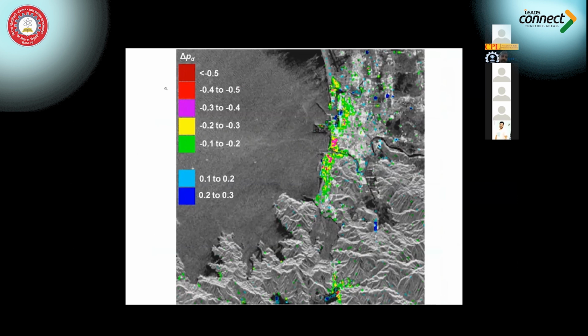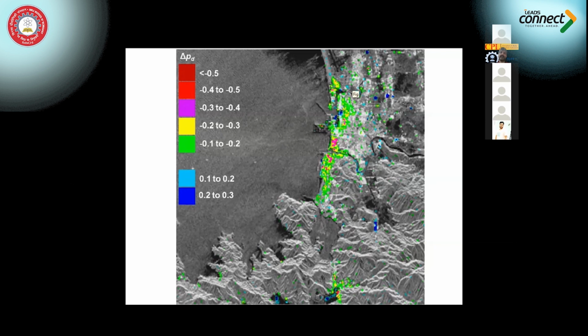For example, look here, where the green area has almost 10 to 20% damage, the scattering is changing, and here there are partial damages, where more than 20 to 30% is almost complete damage. For example, here the complete city is wiped out and deposited somewhere here. So you can relate how much the scattering is changing.